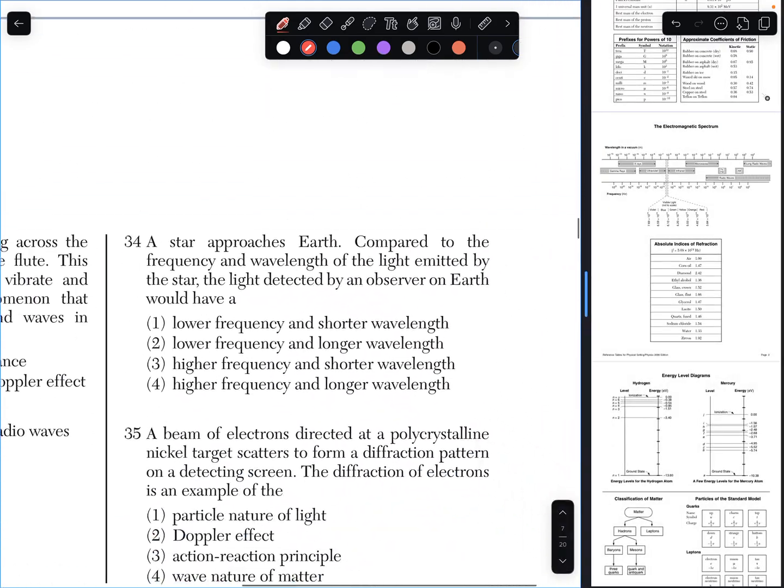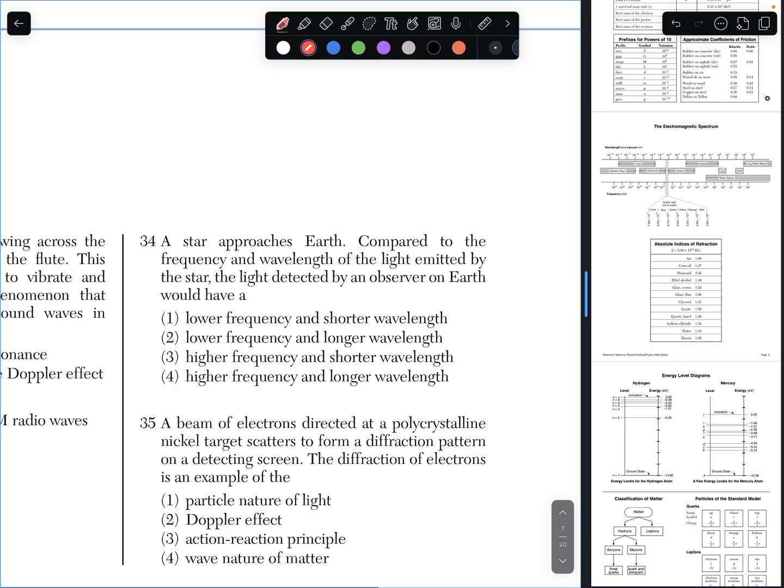Okay, all right. A star approaches Earth. Compared to the frequency and wavelength of the light emitted by the star, the light detected by an observer on Earth would have a... So therefore the answer is choice 3, higher frequency.